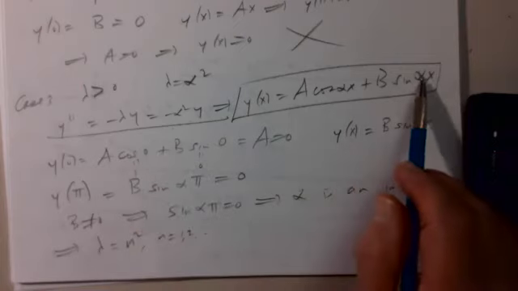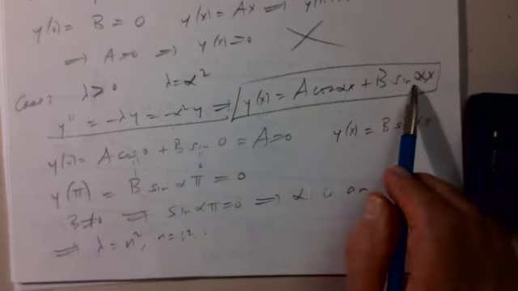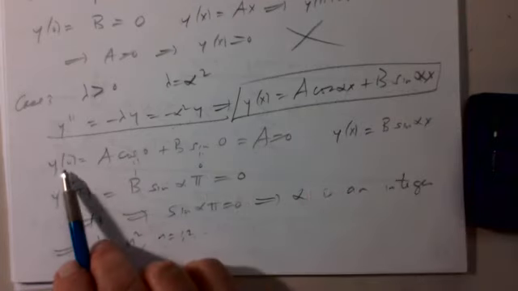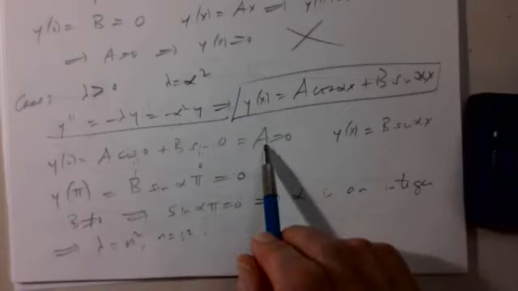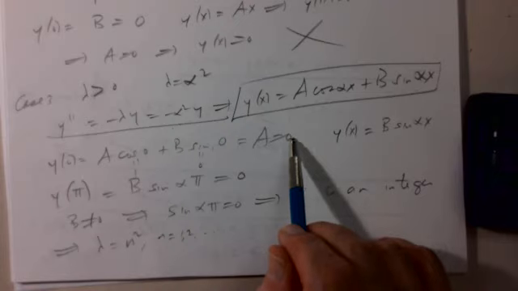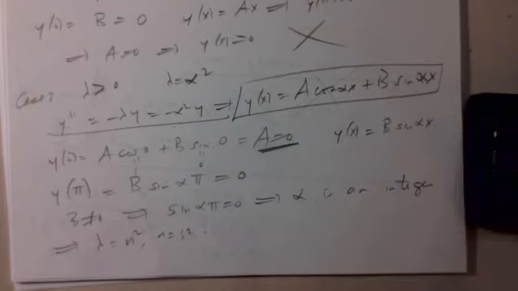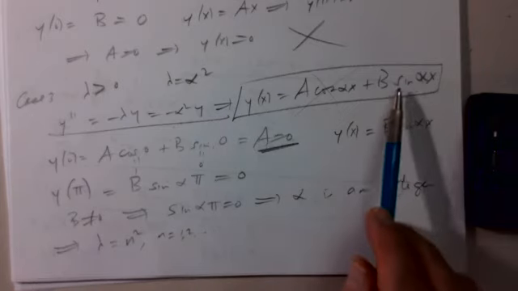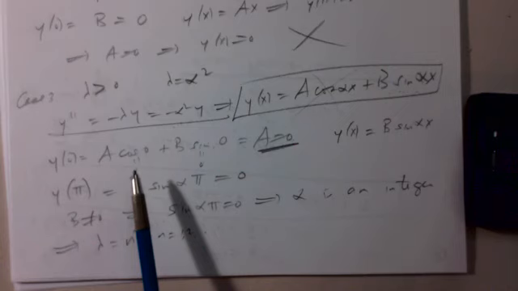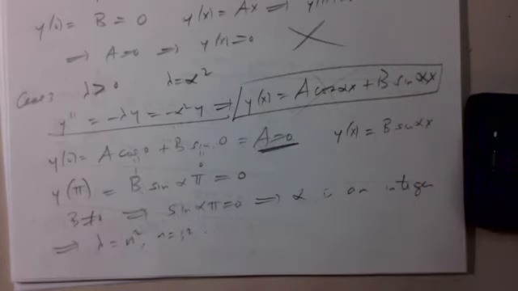When you plug in x equals 0, you get a cosine 0 plus b sine 0, but sine 0 is 0, so you get a. So y of 0 is a, but y of 0 is 0. So a is equal to 0. So this term disappears. You only can have a sine function. So the condition that y of 0 equals 0 says this is a sine function. The second condition, that y of pi is equal to 0, says alpha has to be an integer.